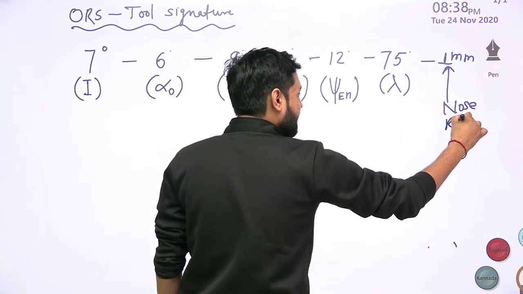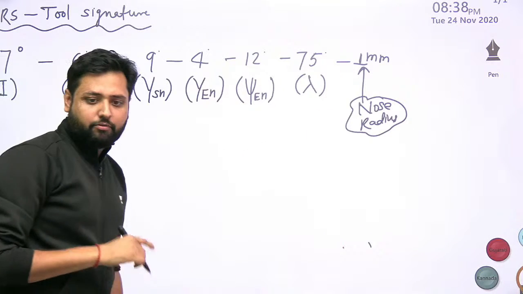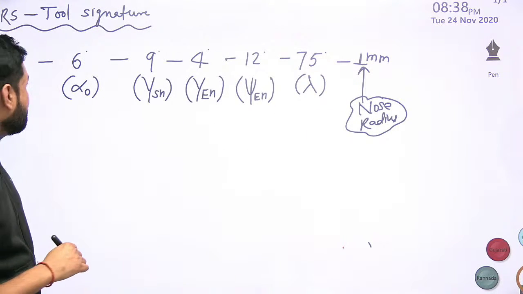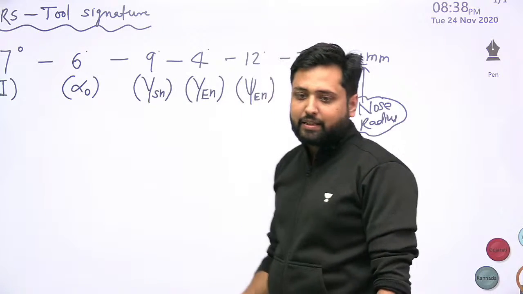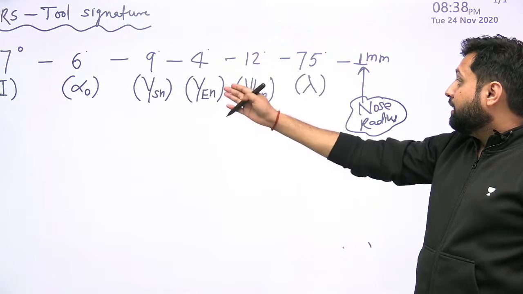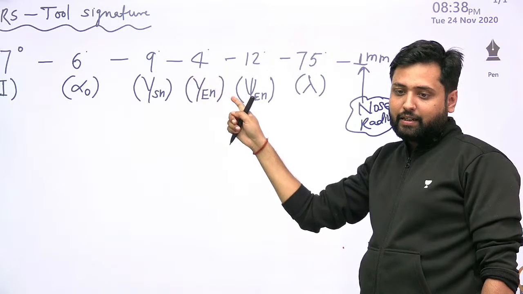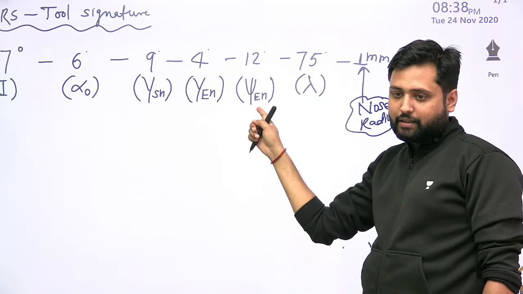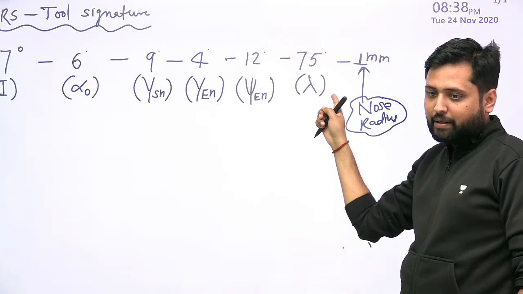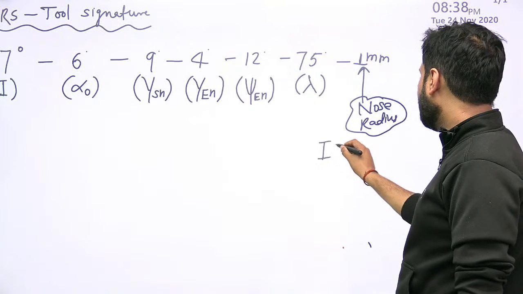The most important thing is how will you remember this sequence. First thing is that this sequence needs to be remembered. 7 degree, that is inclination angle, 6 degree, that is orthogonal rake angle, gamma s, that is side relief angle, side cut end relief angle, end cutting edge angle, lambda is principal cutting edge angle. Few angles you should remember the name.